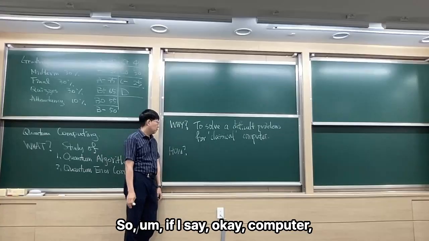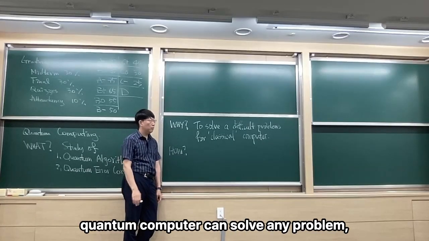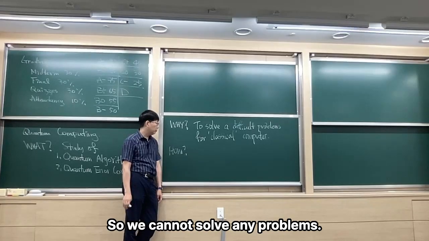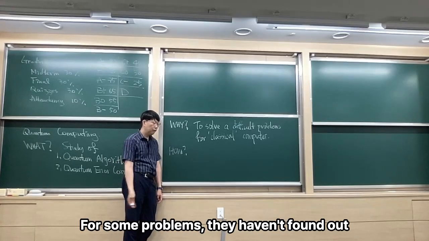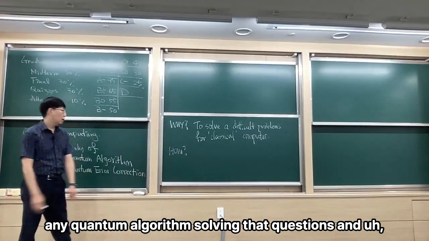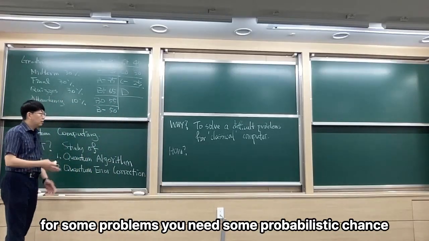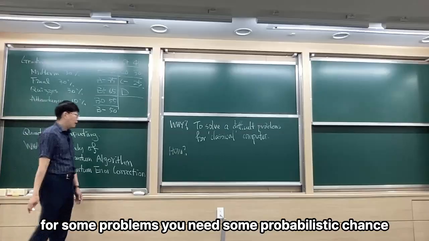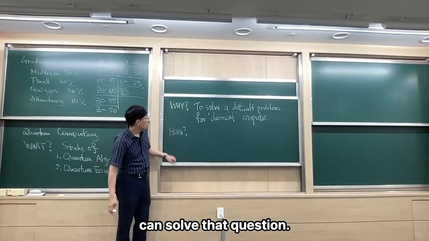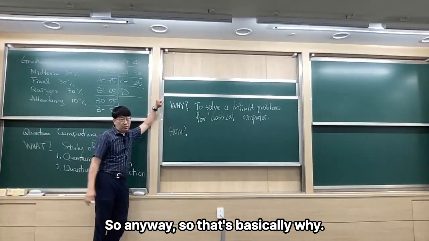If I say quantum computers can solve any problem, that's definitely false. It cannot solve any problem. For some problems, they haven't found any quantum algorithm solving those questions. And for some problems, you need some probabilistic chance that the quantum computer can solve that question. Anyway, that's basically why.